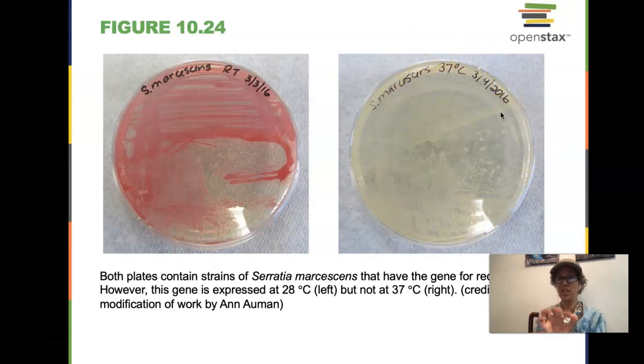The exact same tube of bacteria used on both plates. But at 28 degrees, it turns red. At 37 degrees, it does not. So even though it's genetically the same bacteria, environmental conditions can affect which genes get turned on or turned off.